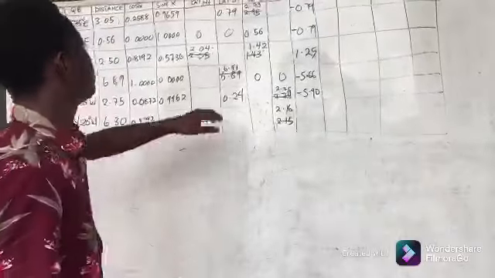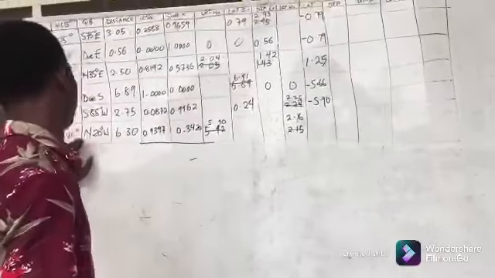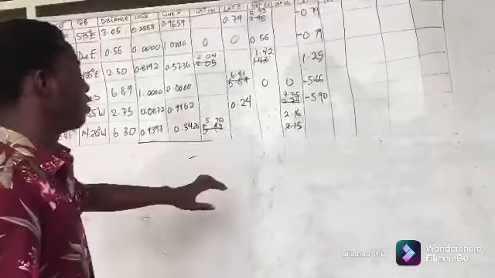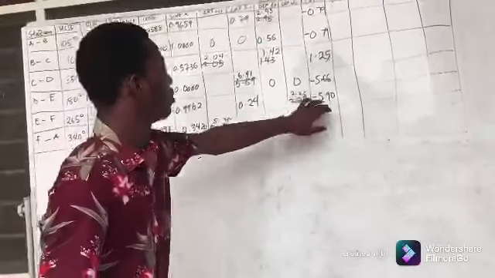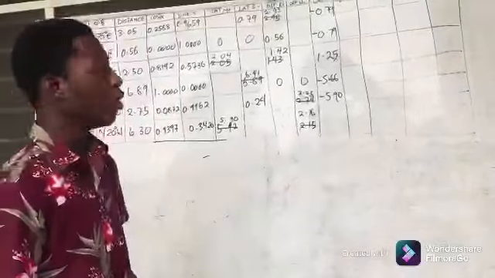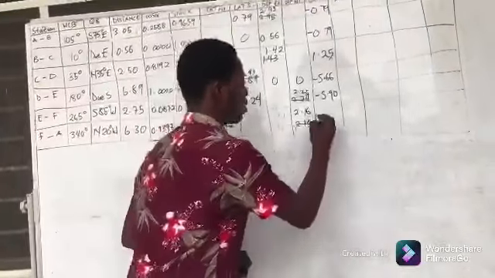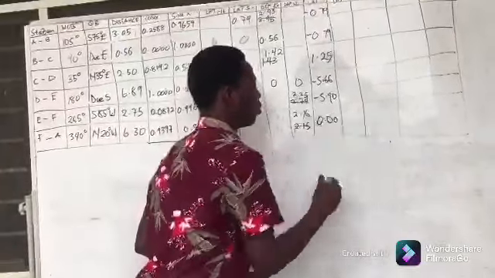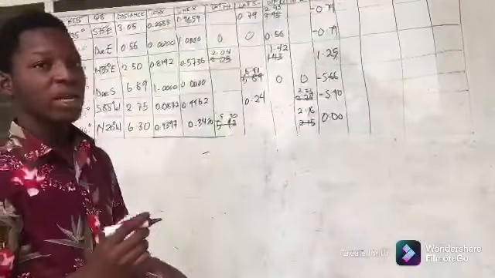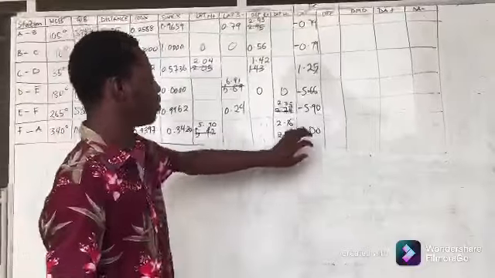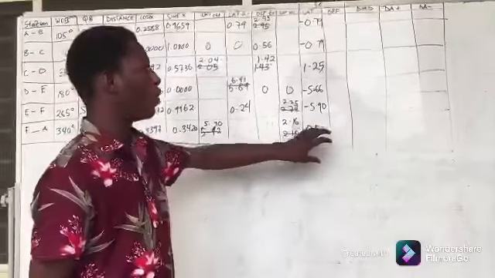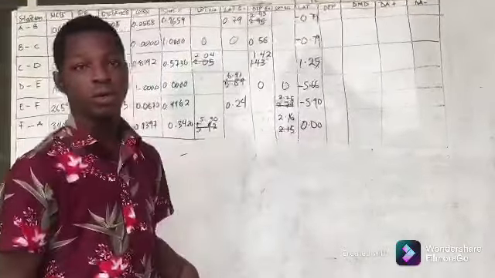So the latitude value for station F is 5.90. I have to add 5.90 to negative 5.90, which is going to give me 0.00. One thing you have to notice under the total coordinates is that the last station will always give you 0.00.